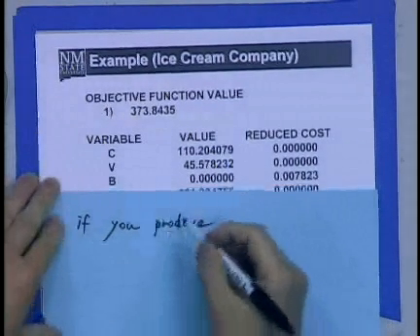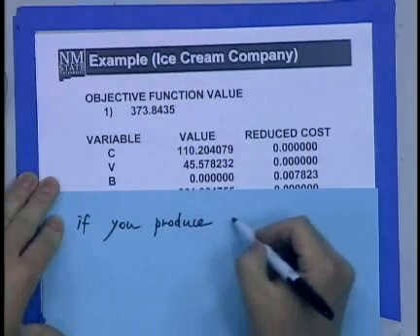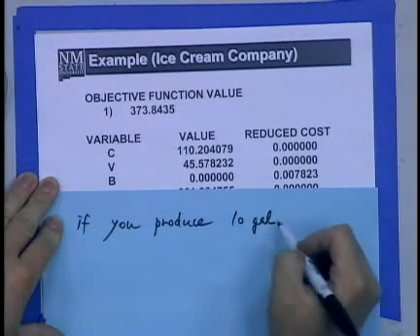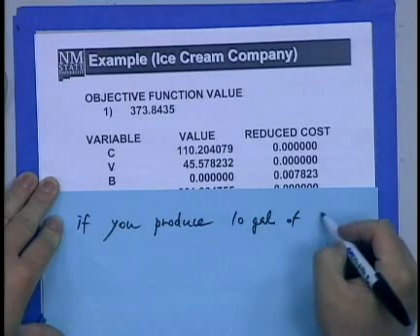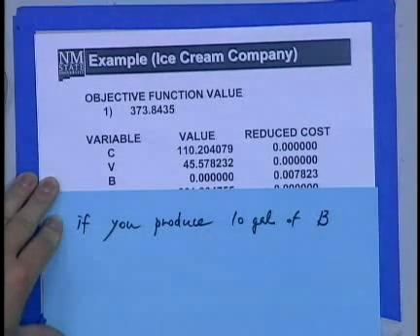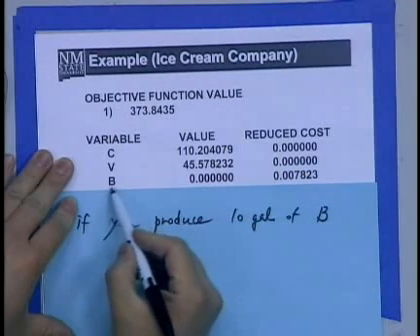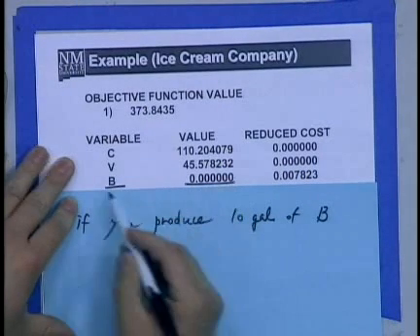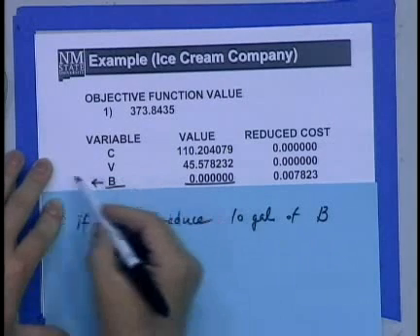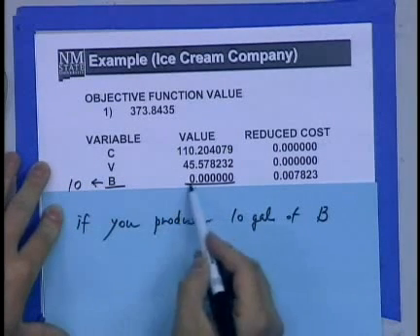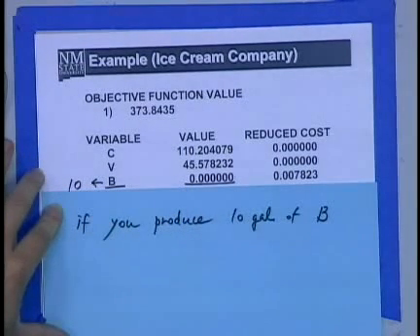So if you produce 10 gallons of banana ice cream, which means if you want to have the value of B to 10 from 0, okay?